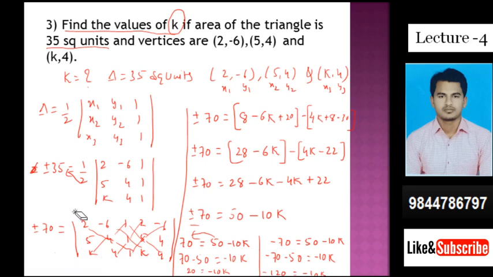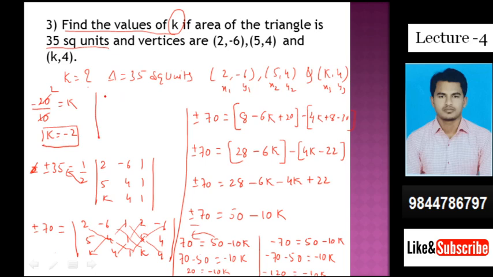Now what is the value? 20 upon minus 10 equal to k. 10 ones are 10, 10 twos are 20, k is equal to minus 2.